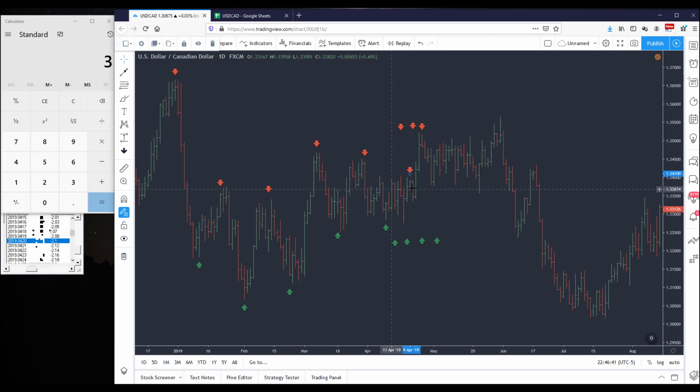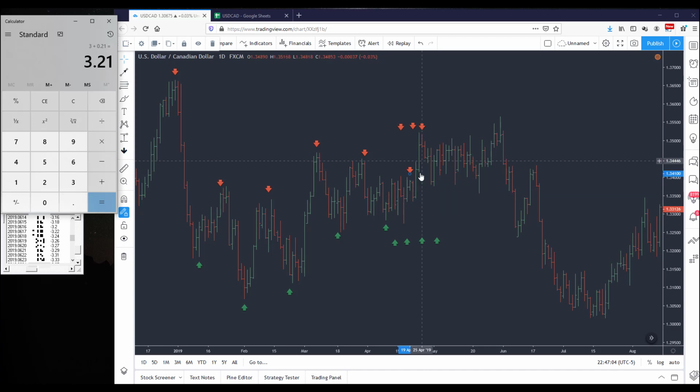You can get it right there. That's probably a first inversion. 321 is 616. Nope, I got that wrong.